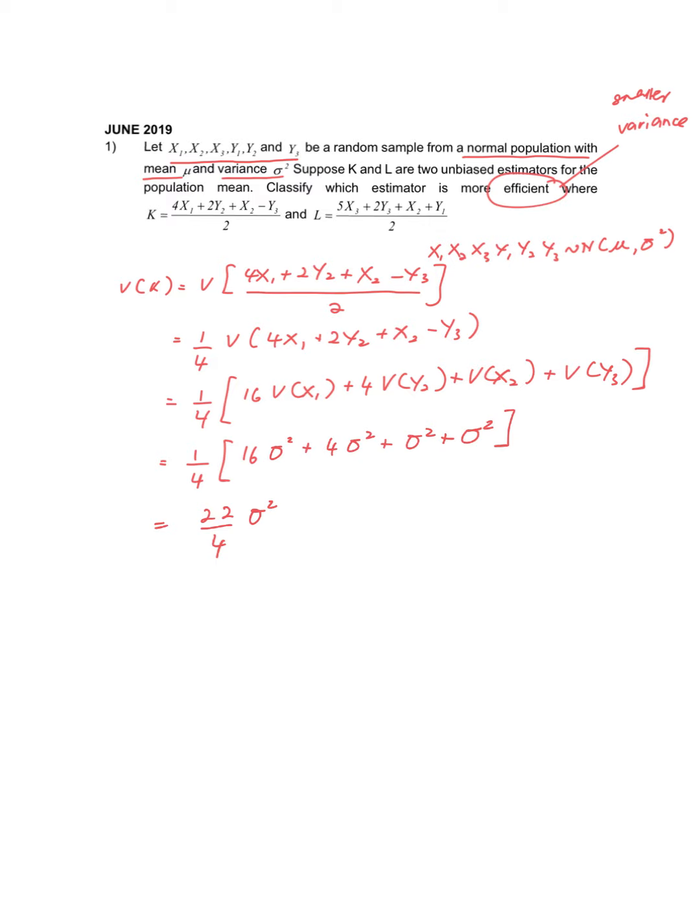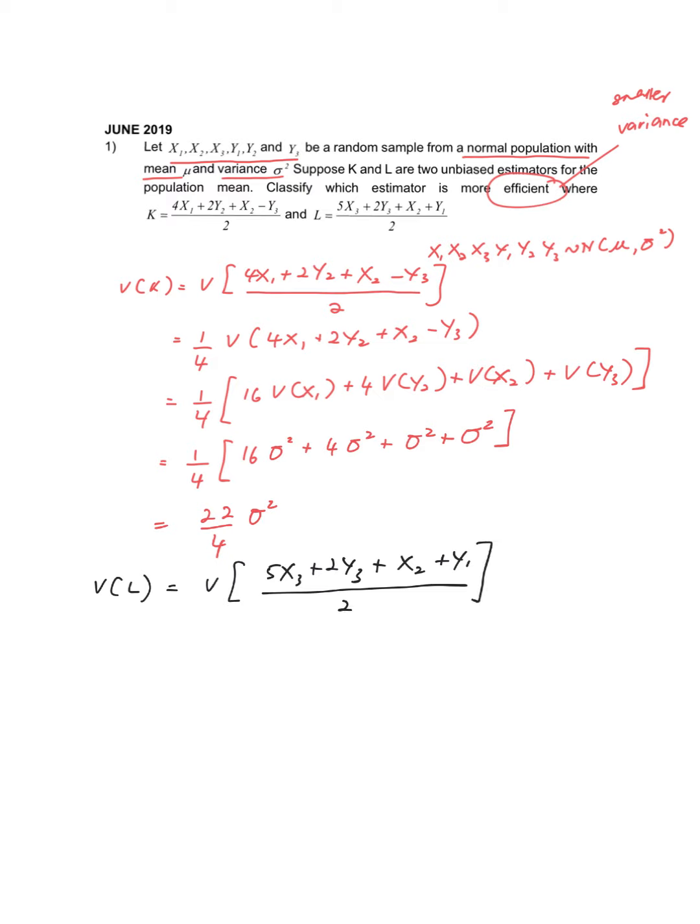Okay, now kita test untuk VL pula. Okay, VL so VL sama dengan variance of 5x3 tambah 2y3 tambah x2 tambah y1 over 2.